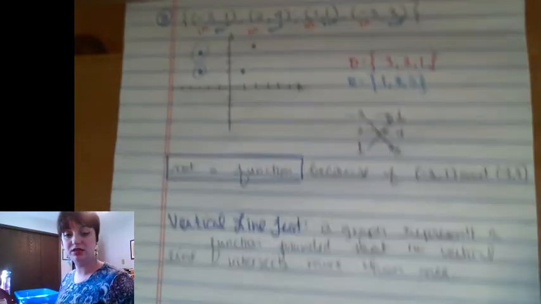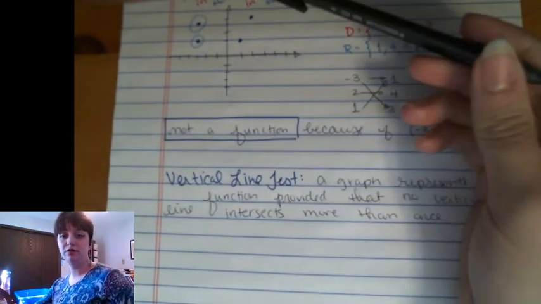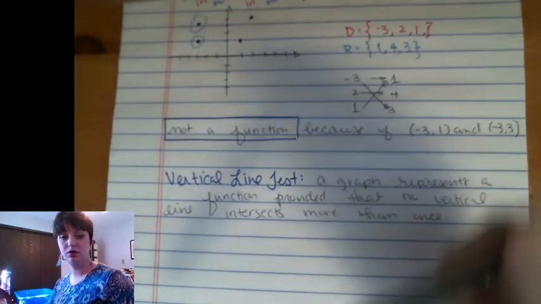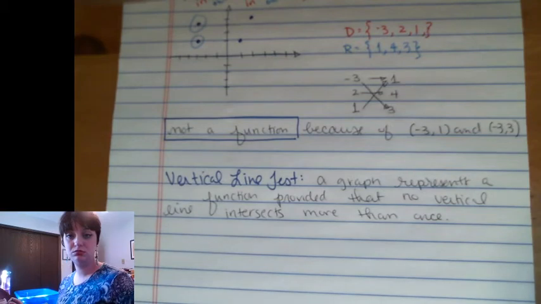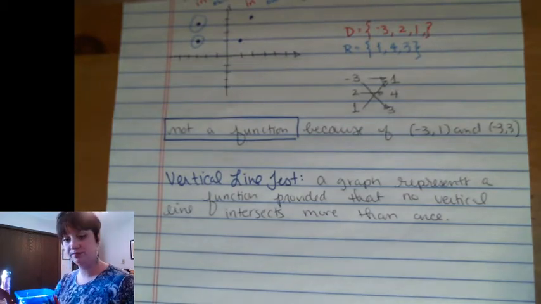All right, that's my vertical line test. So on this one, on B, not a function because a vertical line intersects more than once. On the previous one, yes, a function because every vertical line would only intersect once.